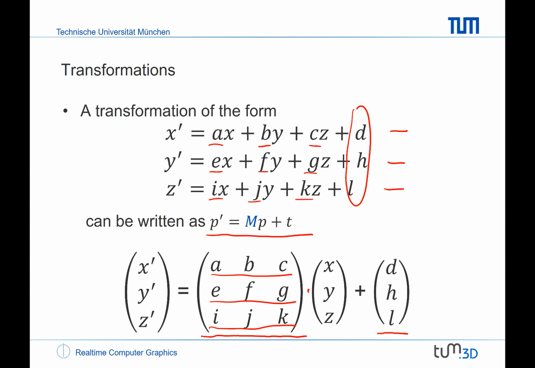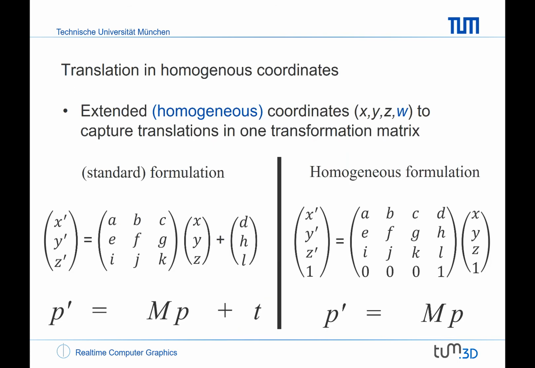Now, we have a 3x3 transformation matrix, and we see immediately that the translation components cannot be included in the 3x3 transformation matrix. Therefore, we use what we call extended or homogeneous coordinates, meaning that all the coordinates are extended by a fourth component, the so-called homogeneous coordinate. We do so in order to capture translations and all the other transformations we have looked at in one transformation matrix.